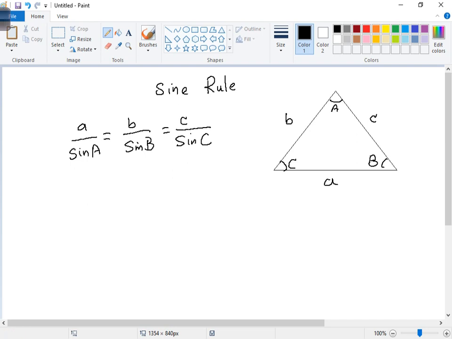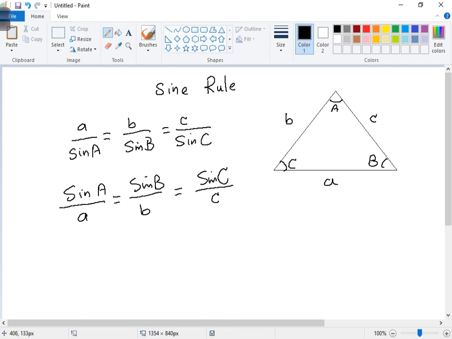Sometimes if they give you the angles and ask you to find the sides, you write it like this. But if they give you the sides and ask you to find an angle, you can take the reciprocal, and it will be sine A over A, which is exactly the same as sine B over B, equal to sine C over C. Don't panic, it is the same, but it depends on what they want.